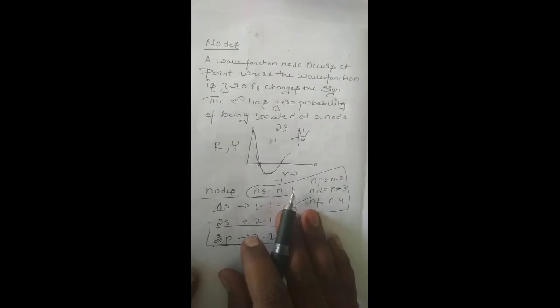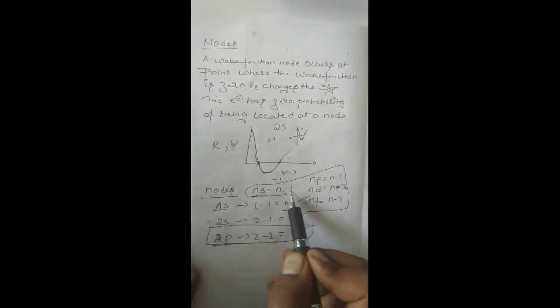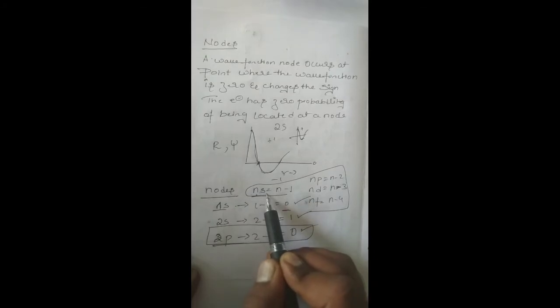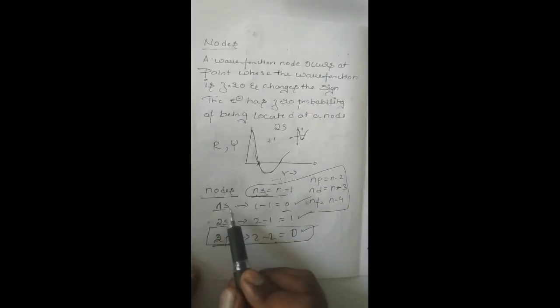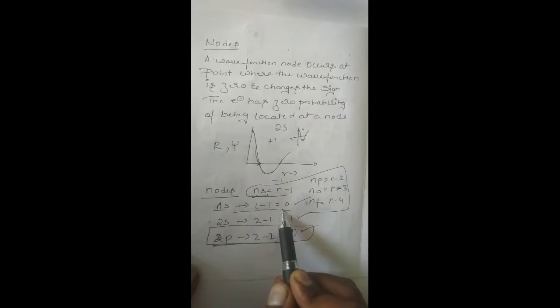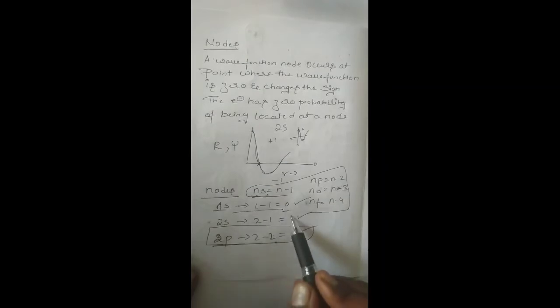The formula for nodes for the ns orbital is n minus 1. For s orbital it is n minus 1, for p orbital n minus 2, for d orbital n minus 3, and for f orbital n minus 4. For example, for 1s, n is 1, so 1 minus 1 equals 0; there are 0 nodes in the 1s orbital. For 2s, 2 minus 1 is 1.